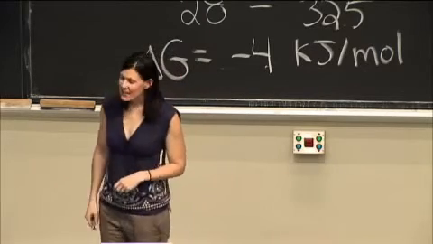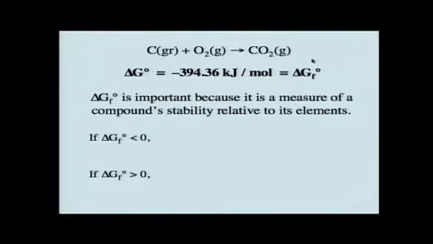So let's think about why it is important to be thinking about these changes of free energy in terms of forming a molecule. It's important because the delta G of formation is a measure of how stable or unstable a molecule is relative to its elements.